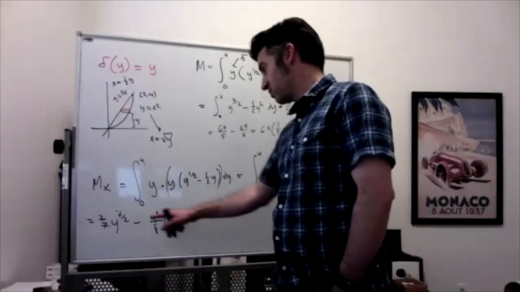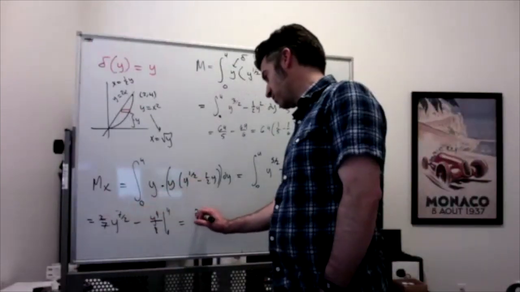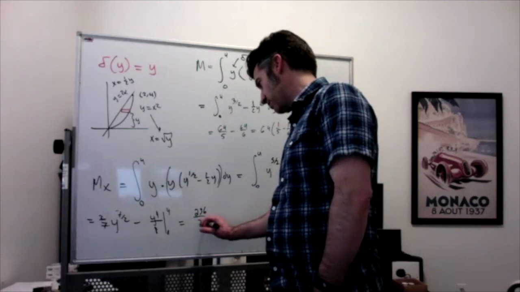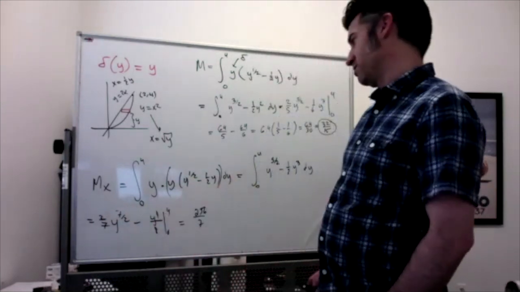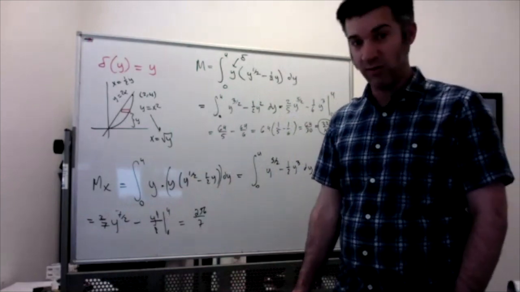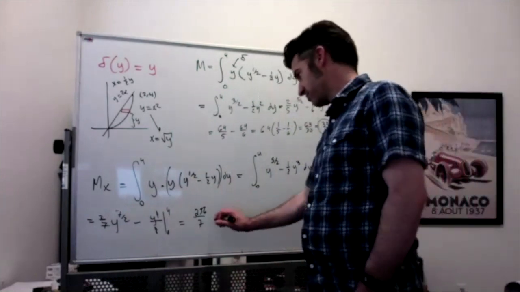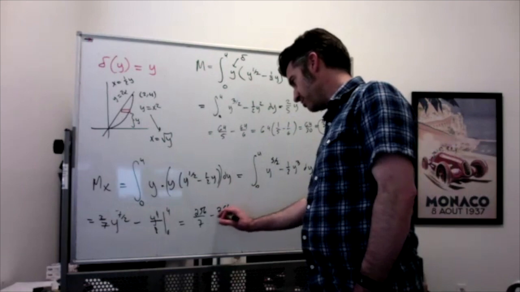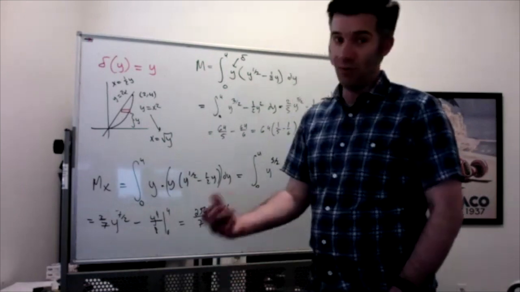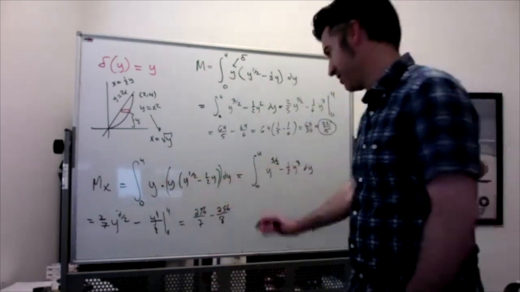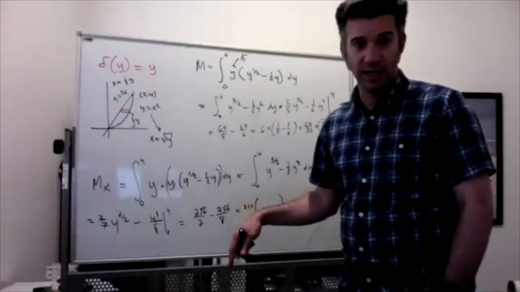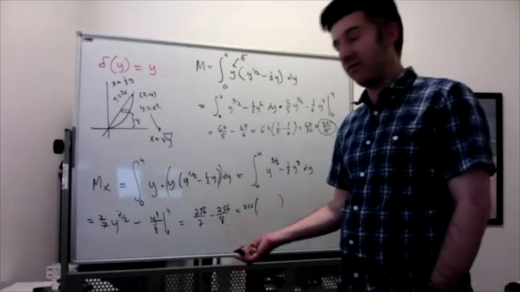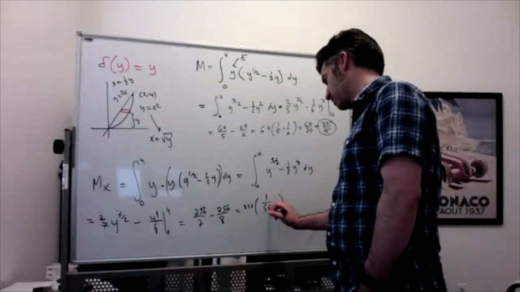So you have 2 times 128, which is 256 divided by 7. And then 4 to the 4th power is 2 to the 8th power, which is 256 divided by 8. Once again, factor out the number, and you get 256 times 1/7 minus 1/8, which is 8/56 minus 7/56, which is 1/56.